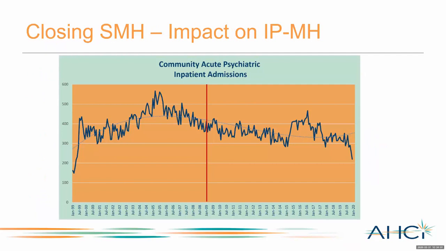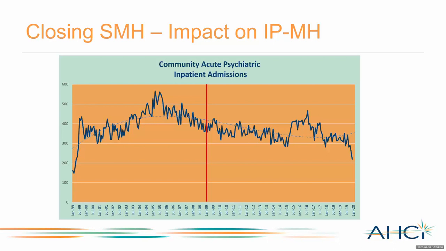So this is a longitudinal look at inpatient admissions from January 1999 to the present. As you can see, when we first started out, there was certainly a climb up. New system, we weren't sure what was happening, but for 4 or 5 years, we definitely saw an increase of these inpatient admissions.